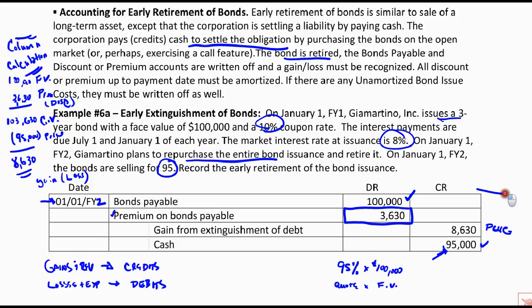Also, if you're more comfortable with the journal entry, you can just plug it here and let the journal entry do the work too. Okay, so that's retirement of an entire bond issuance. The next problem we're going to do is going to be partial retirement.